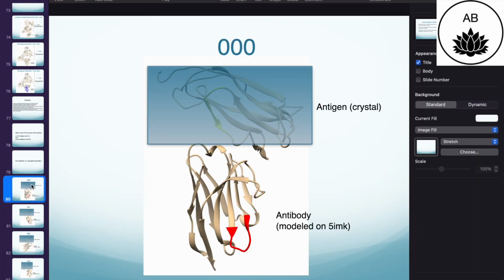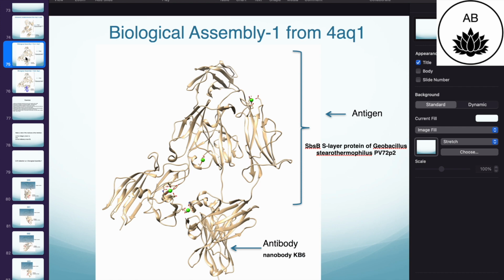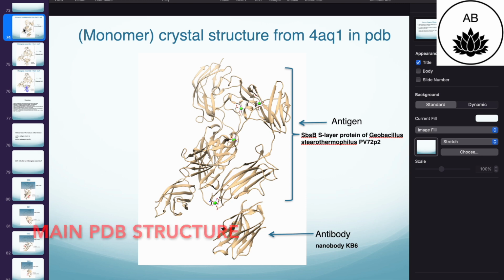Now, coming back to my docked conformations, it is noticeable that I have shadowed out the antigen. The reason being, I'm just considering the antibody here because I worked with the main PDB structure. The part of the antigen which is reacting with the antibody here in biological assembly 1 is not the same as in the monomer crystal structure, right?